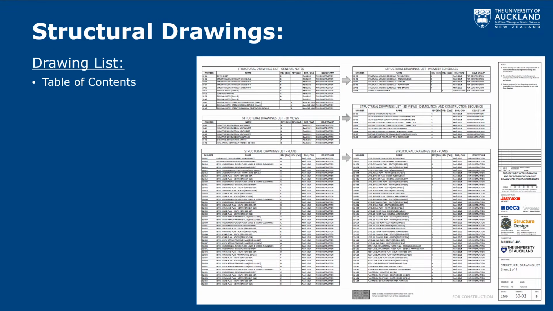And this is you as a designer who might be reviewing these drawings, but really important for those people who are going to be constructing this. And you can see on this drawing list that it also has some key information here. So it's got the revision letter, with A being the first revision, there's a few D's, there's a few E's there, so some of these drawings have needed multiple revisions.